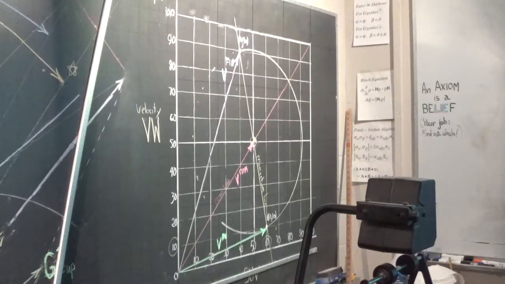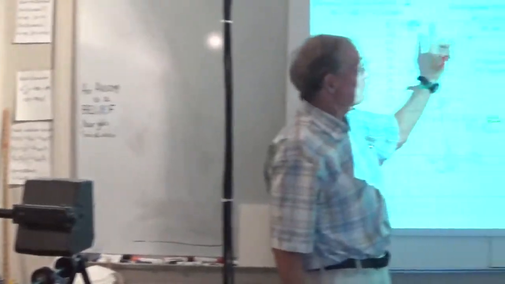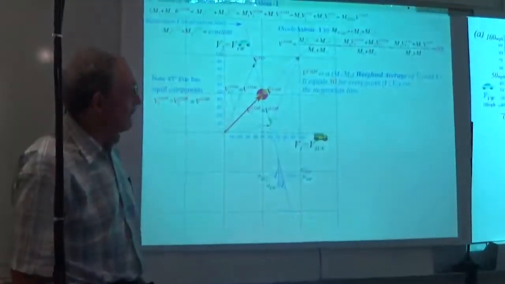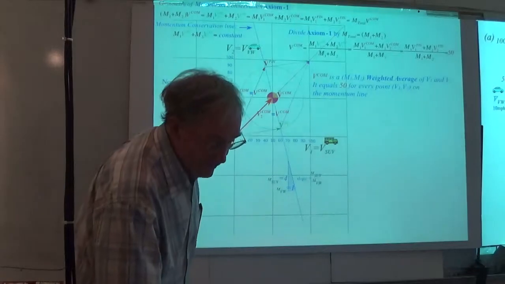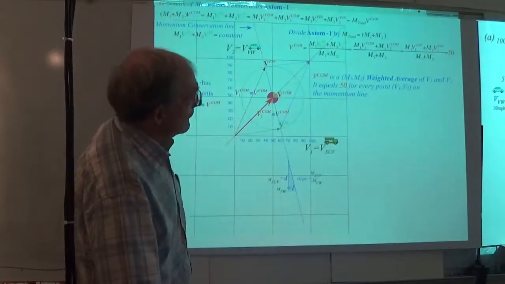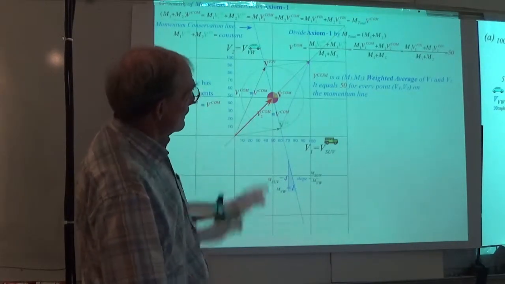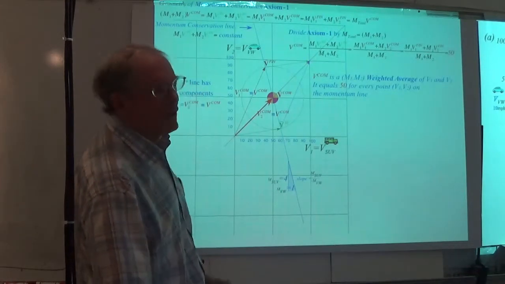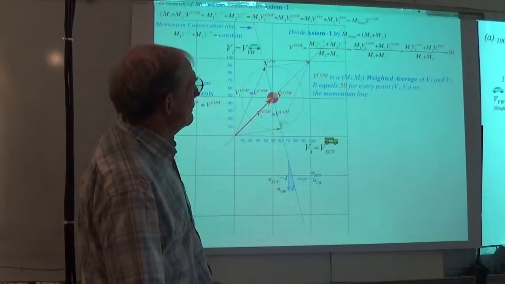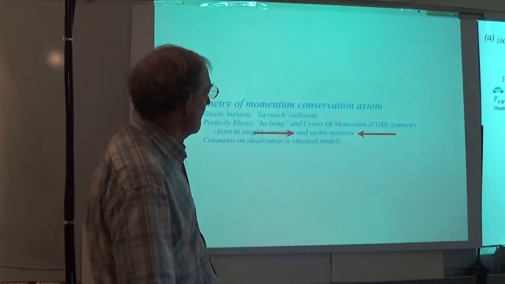Every point on that has this particular weighted average of the velocities of that point. Okay, so that's something to think about. It's another way to say axiom 1. Just going through and looking at all the different ways we say axiom 1 about conservation of momentum.